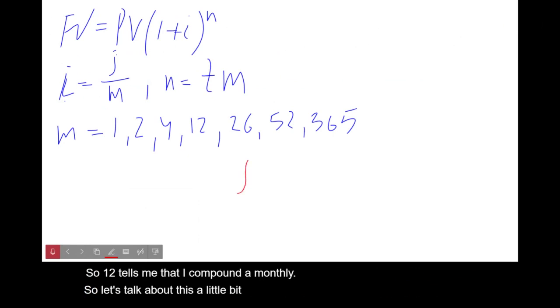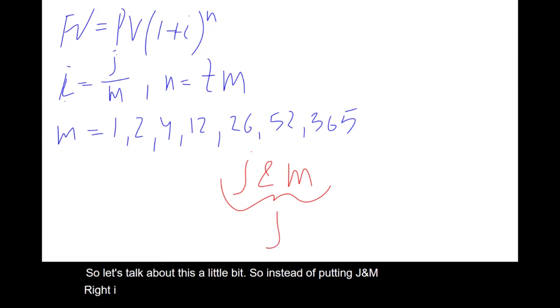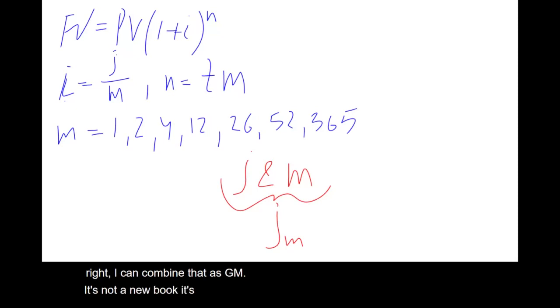Instead of putting J and M separately, I can combine that as JM. It's not in the book. It's something I prefer to use. Is it okay with you guys?